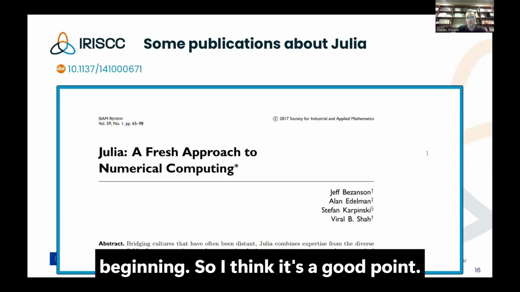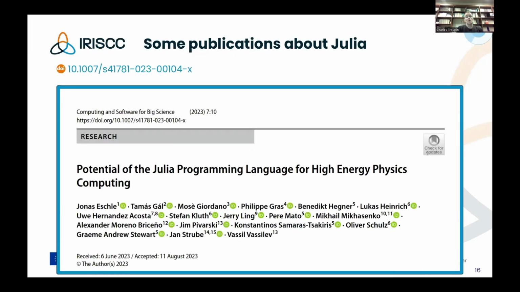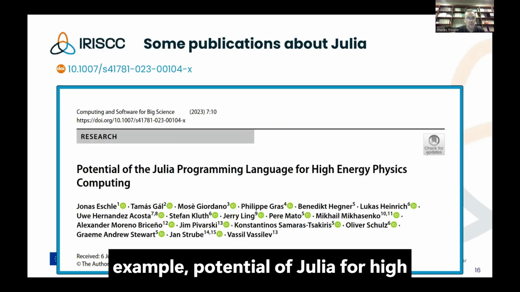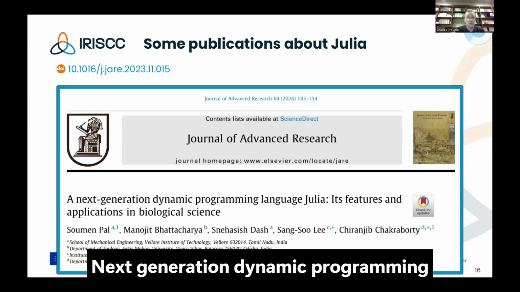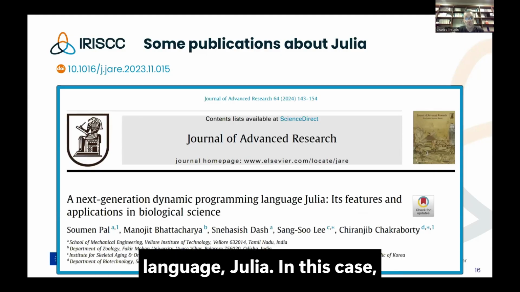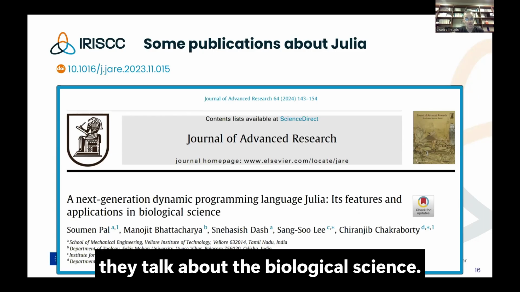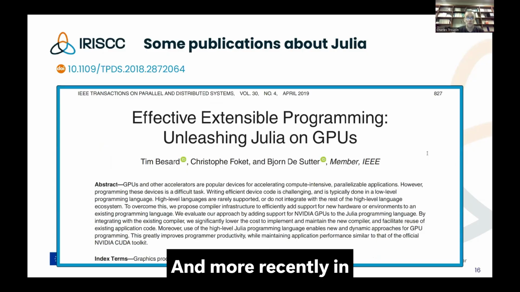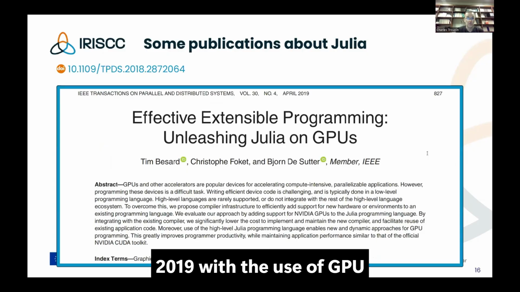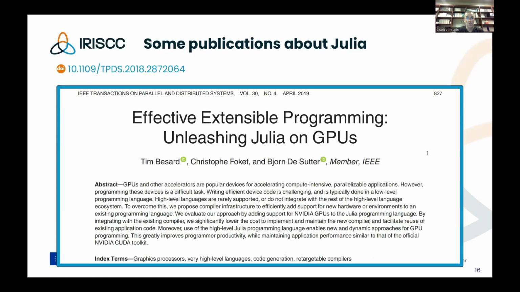So I think it's a good point. We have different applications, for example, the potential of Julia for high energy physics. Next generation dynamic programming language, Julia. In this case, they talk about the biological sciences. And more recently, in 2019, the use of GPU in Julia.